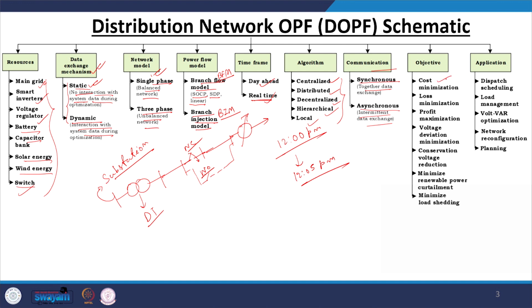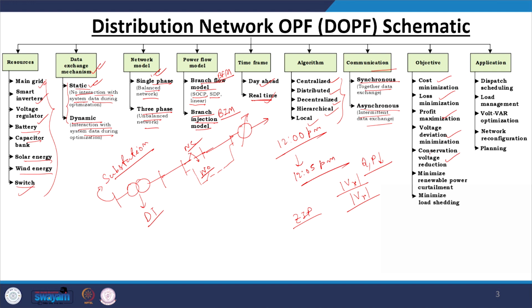The objective can be cost minimization, loss minimization, profit maximization, voltage deviation minimization, or conservation voltage reduction. This is a CVR technique normally used with the ZIP load model, because we have seen in the ZIP model that if you reduce the voltage magnitude compared with your nominal voltage magnitude, then your total power consumption, active and reactive both, will be reduced.